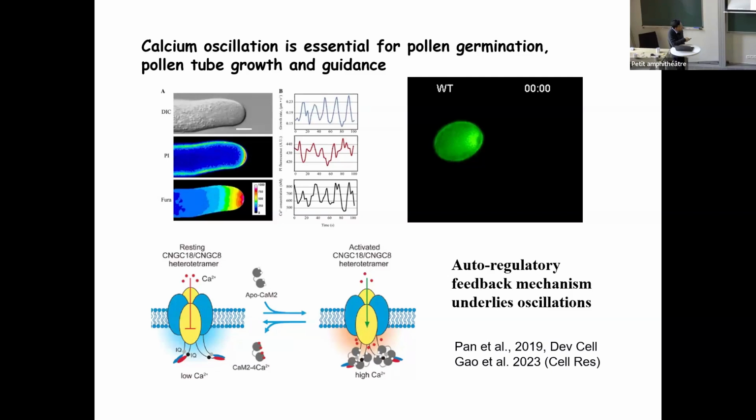So the channel opens and calcium enters the plant cell, and the cellular calcium goes up, right? When it goes up, it binds calmodulin, and the calmodulin loaded with calcium will dissociate from the channel and shut it, then the channel will be off again, right? And of course it will start a new cycle. In this case, calcium serves as its own pacemaker, right? So it's an auto-regulatory feedback mechanism, right?